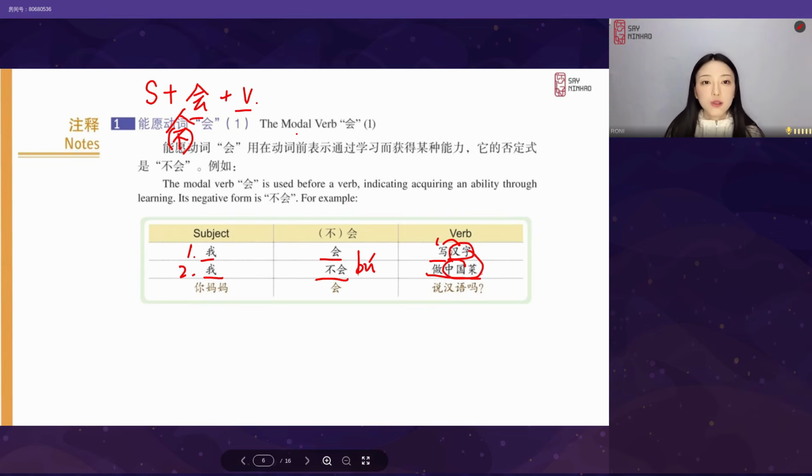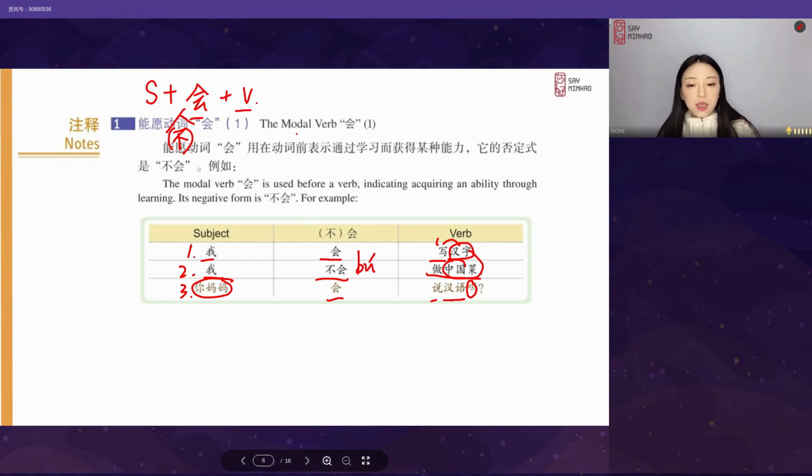我不会做中国菜. The last one is a question. 你妈妈会说汉语吗？Your mother, can she speak Chinese? The subject for this sentence is 你妈妈, which is a little bit longer, and 会 means can, 说汉语 means speak Chinese, and we put a 吗 after it, which makes it a question.